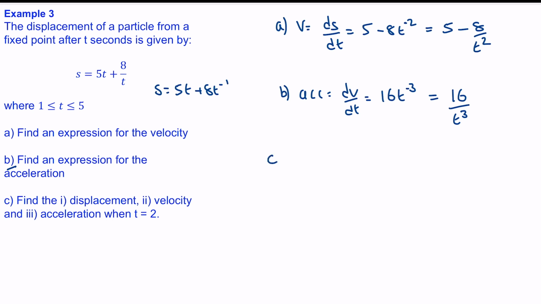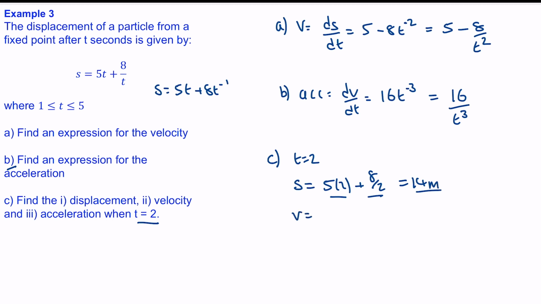And then for part C, when t equals 2, we'll substitute 2 into each of these equations to get the displacement, velocity, and acceleration. So s will be 5 lots of 2 plus 8 over 2, 10 plus 4, 14 meters.